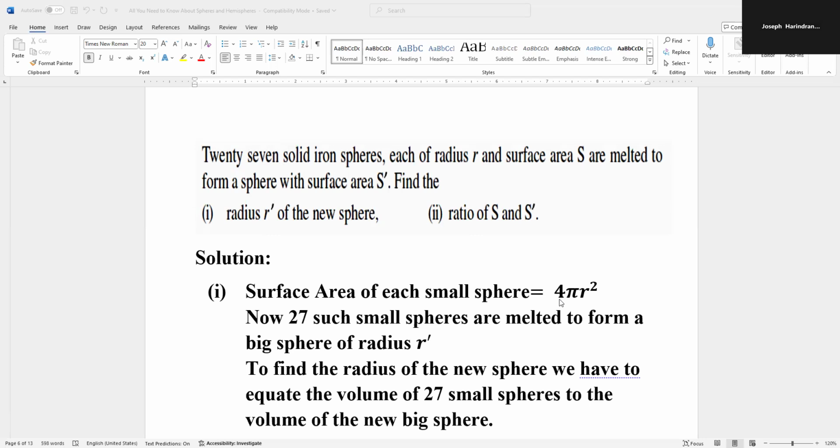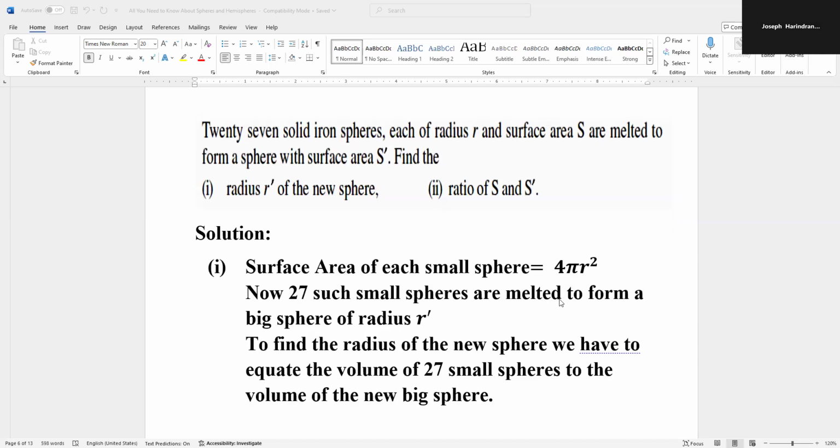Find, first part, subdivision 1, the radius r dash of the new sphere, which is the bigger sphere. Second, subdivision 2, the ratio of S to S dash. Let us see the solution.